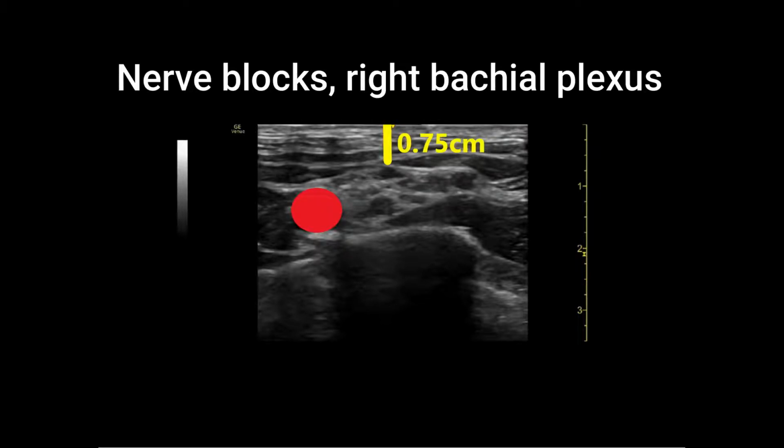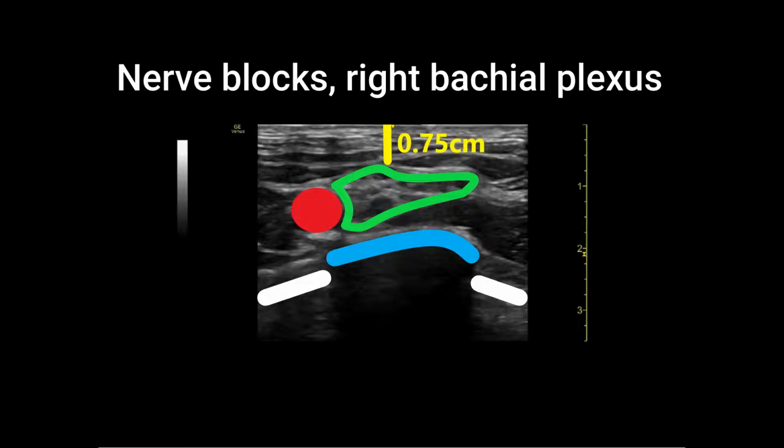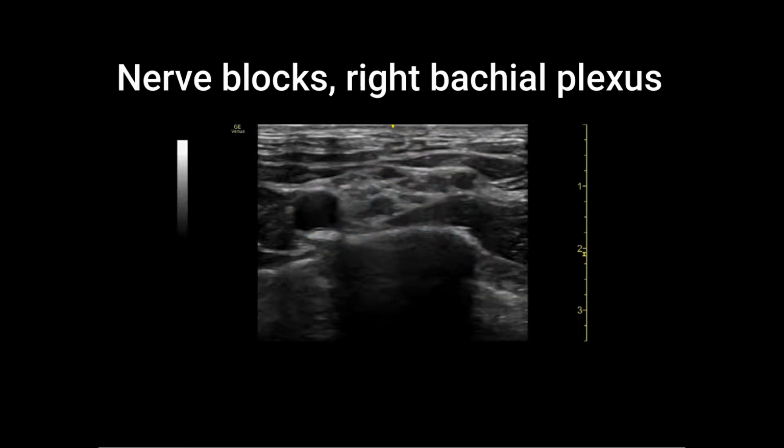Again, try to keep an idea how deep your target is. Here's your brachial plexus in green, and here your rib, and then the pleura in white. So pay attention to the depth and relationship with other structures around to minimize your potential for error, and also know again how deep your needle is and how deep your target is.